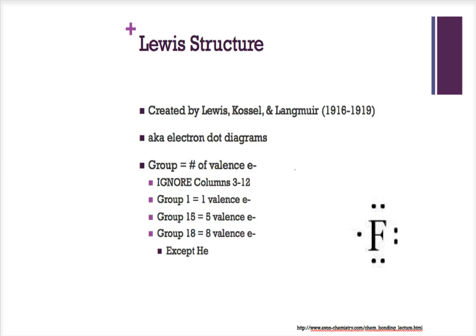But we have to be careful about helium because helium only has 1 energy level when we look at the period. And so it is already satisfied once it has 2 valence electrons on that first energy level. So it's already complete.